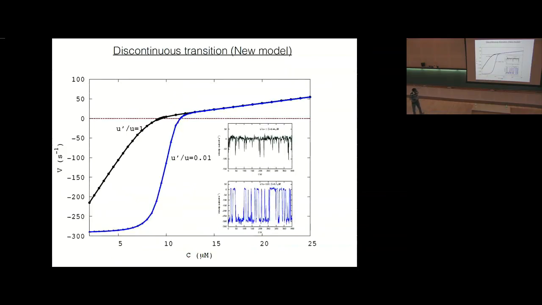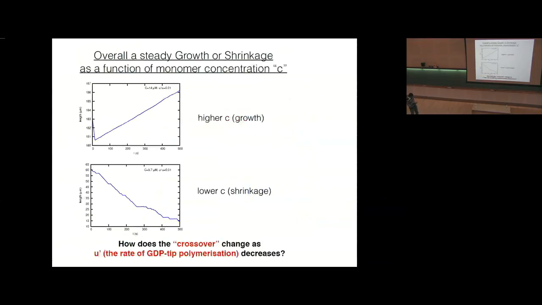So this is the old curve where these two rates that I talked about, U prime and U, are the same. Let me go back once. You have the X versus T plots here, right? From here you can get velocities locally over some small stretches, and you can find the mean velocity also.